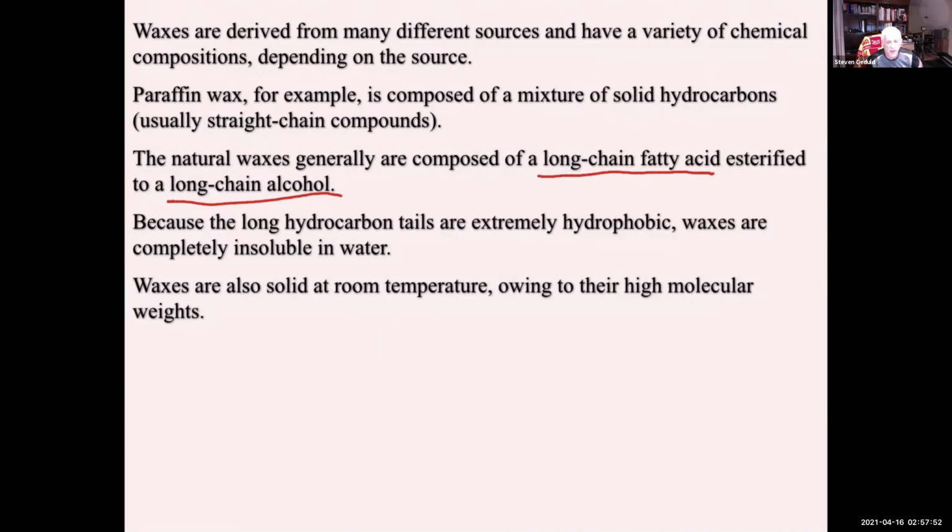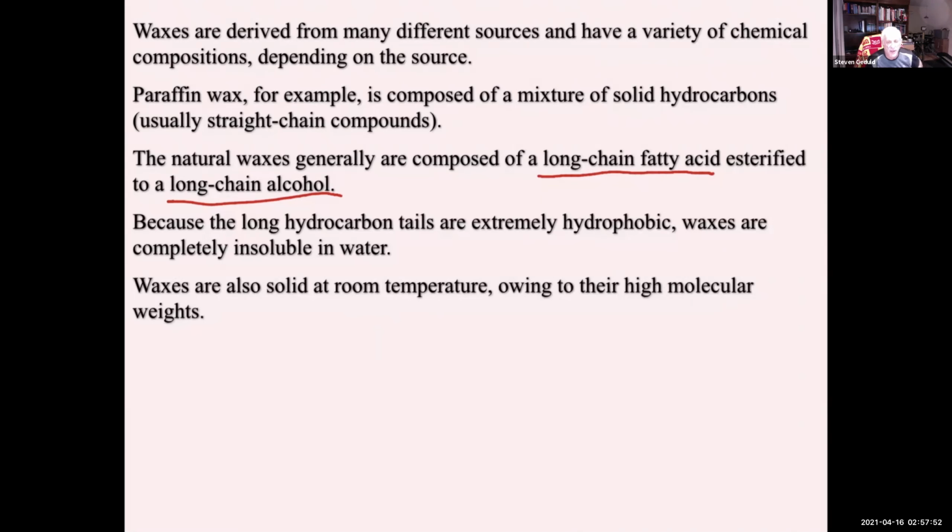Okay. So this is beeswax, and you can see this is the carboxylic acid side. Okay, and this is 16 carbon, sorry, it's using an even number. Okay, and this is the alcohol side. Okay, this is 30 carbon atoms.